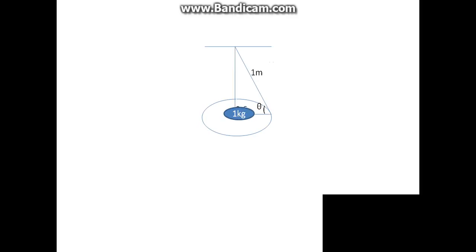Resolving the forces on the body, the vertical force will be equal to T cos theta, and the horizontal force will be T sin theta. The ball is still at 1 meter with the string at a radius of 0.6 at an unknown angle, and the weight of the ball is mg.